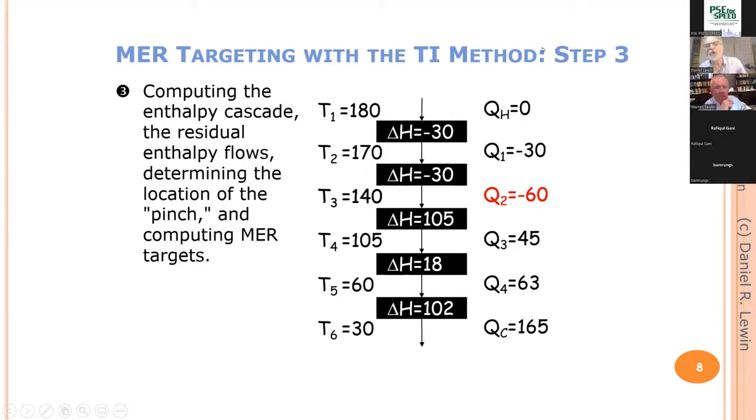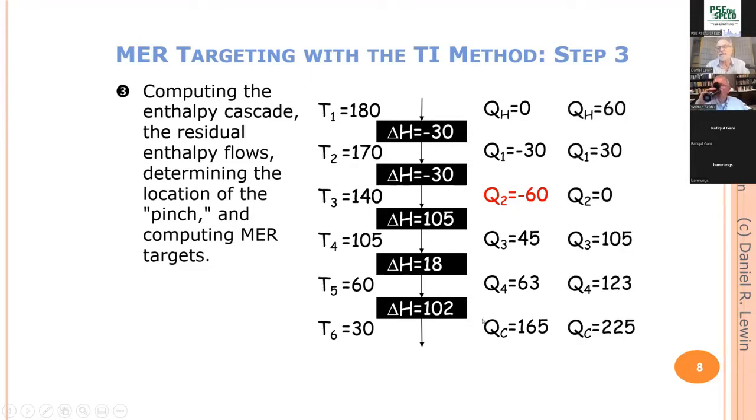We assume no external hot stream required, and then just cascade down and compute the minimum residual enthalpy. And of course, this minimum residual enthalpy has to be 0 or greater. When it is equal to 0, we now have the MER target. So here we have 60 kilowatts of heating, 225 kilowatts of cooling as our target.